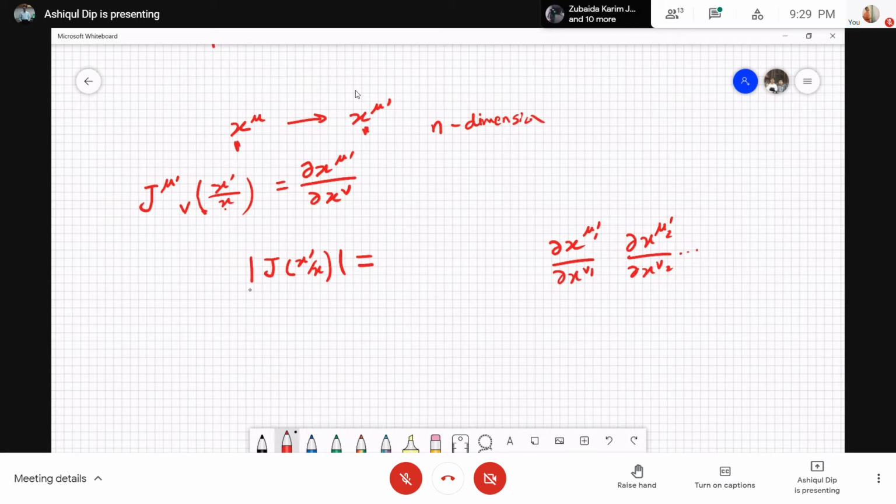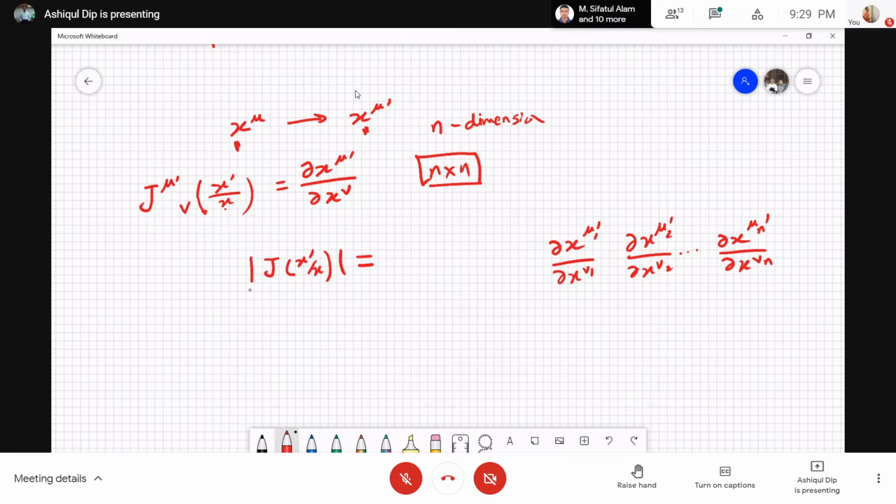Taking this derivative, you'll have an n by n matrix, remember. So for an n-dimensional system you have an n by n Jacobian. Here I'm going to write the component of that thing n times, like that.